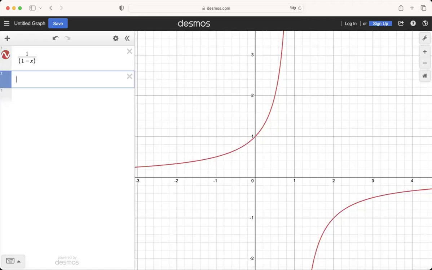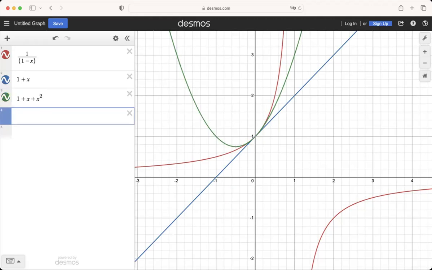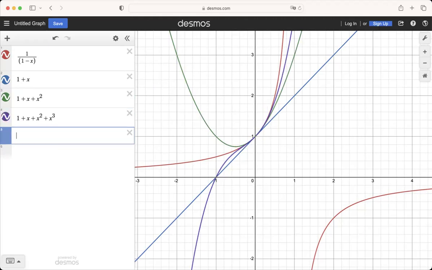Okay, the very first polynomial was 1 plus x, just a line. The second one, 1 plus x plus x squared. Now 1 plus x plus x squared plus x cubed. You can add more terms to these polynomials, plus x to the 4th.